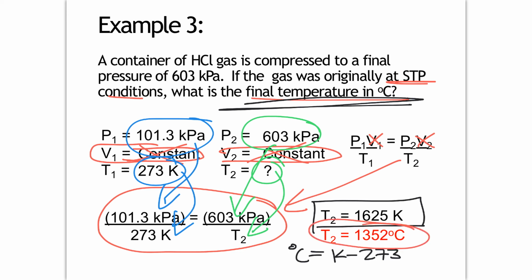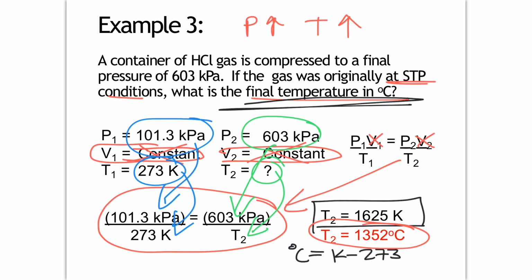Now, does that make sense? Let's see. For Gay-Lussac's law, it said that as P increases, so does T. So we look at our thing here. Is P increasing? Is the pressure getting bigger? It is. So pressure is increasing. Therefore, my temperature should be increasing. And is it?